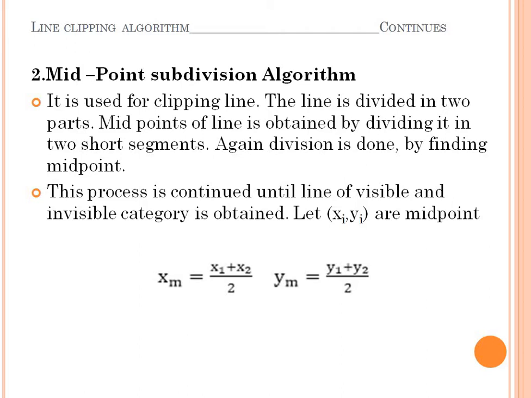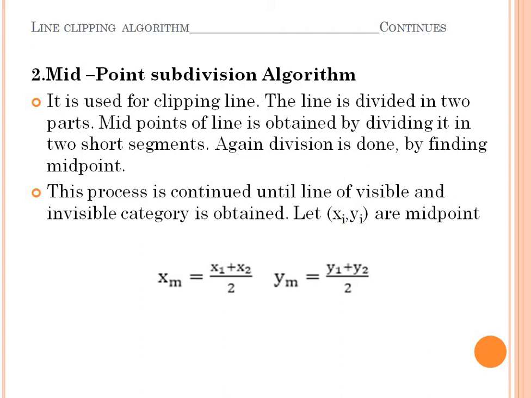Like the Cohen-Sutherland line clipping algorithm, the line is tested for visibility. First, if the line is completely visible, then it is done. If the line is completely invisible, then it is rejected. Third, if the line is partially visible, then it is subdivided into two equal parts.